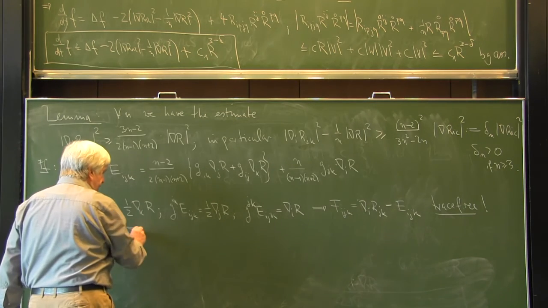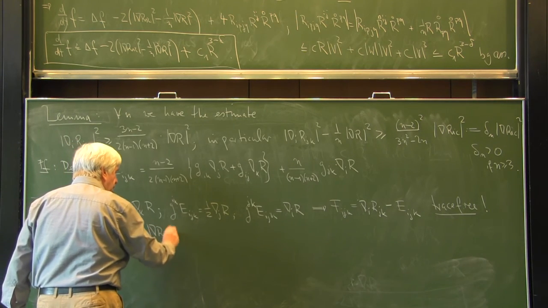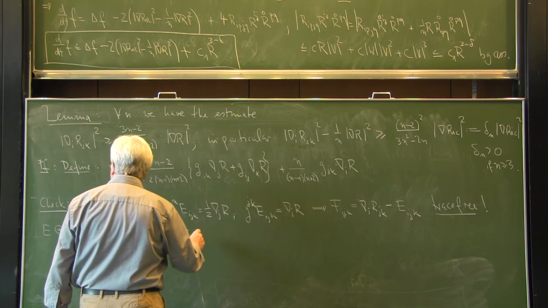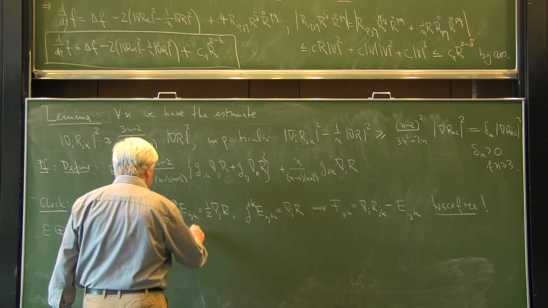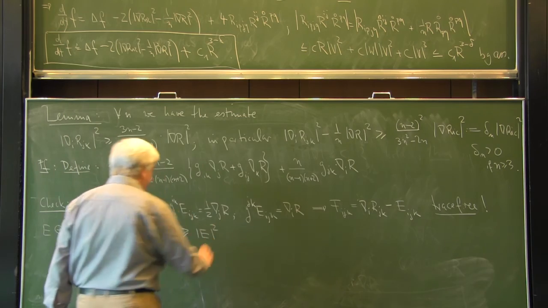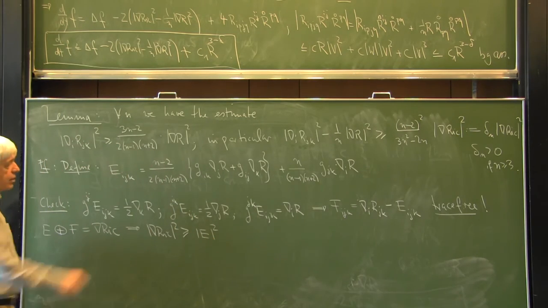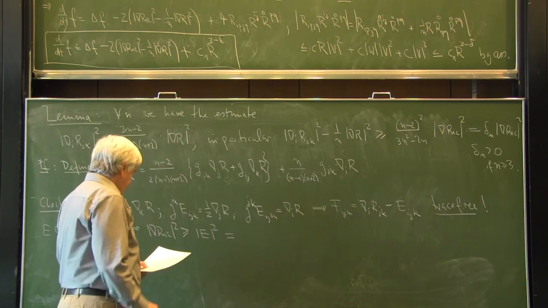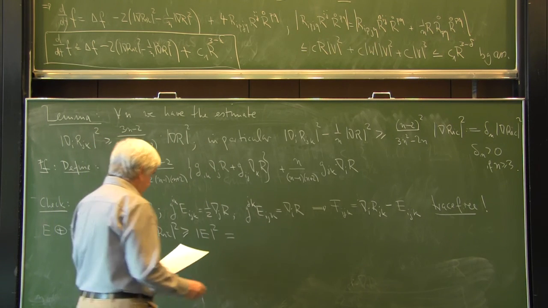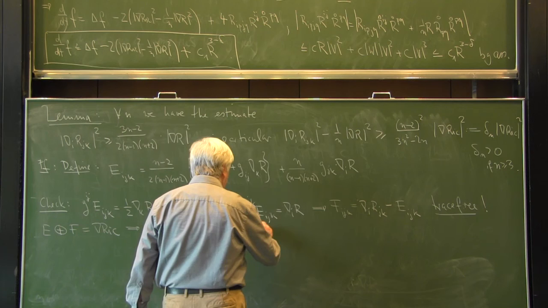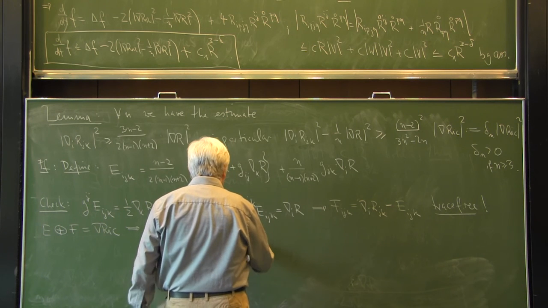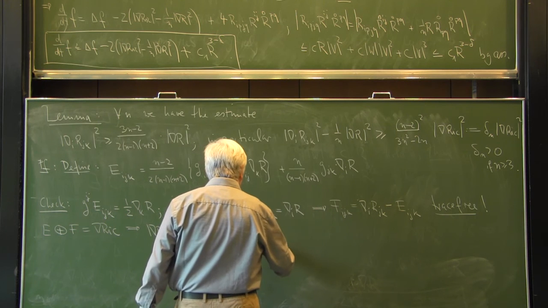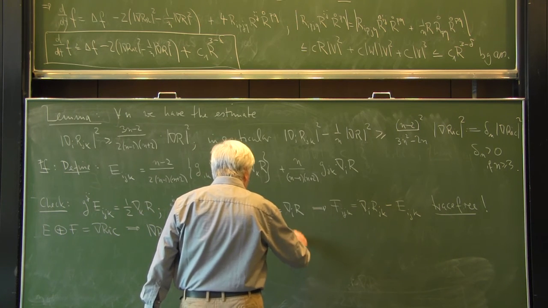But this means we can estimate gradient Ricci from below by one of its parts, and this is exactly estimated from below by E squared. And now this is just a computation. Now you just compute E squared, and what you get is exactly the number I proposed up there, 3 over (n minus 2) times (2n minus 1) divided by 2(n minus 1)(n plus 2) times gradient r squared.